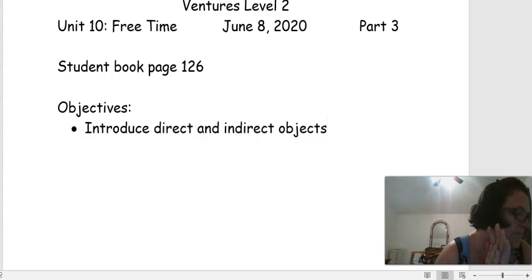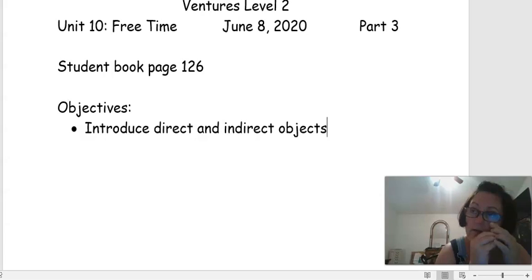Okay? So we see on page 126 there's another grammar chart. Direct objects answer the question, what? An indirect object, it says, is who receives the direct object.